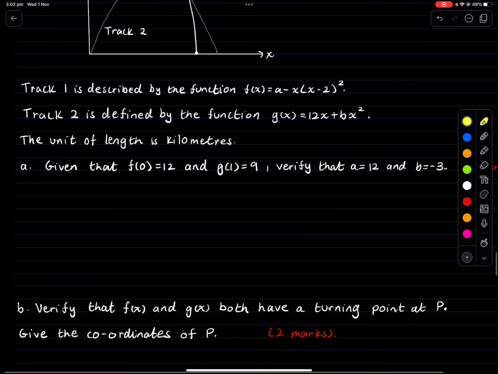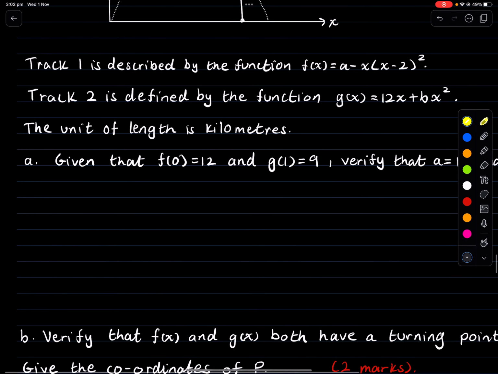Easy. So f of 0 is actually 12. So we're just saying 12 is equal to a times 0 minus 2 squared, which is just 12 equals a. That's easy, and we've done that.